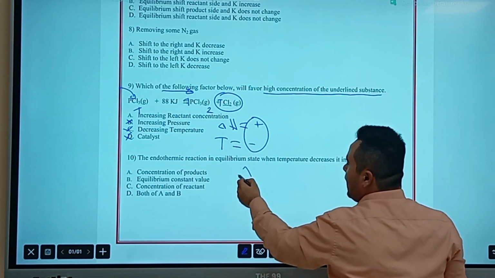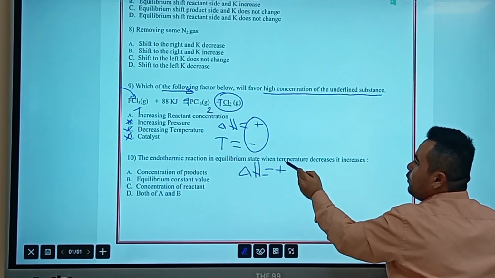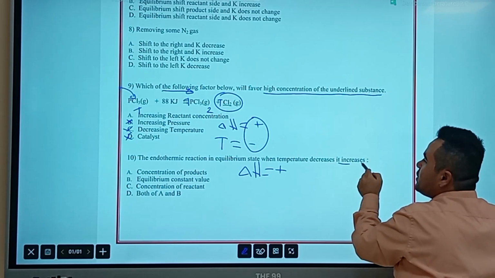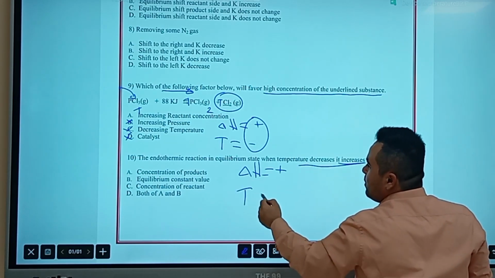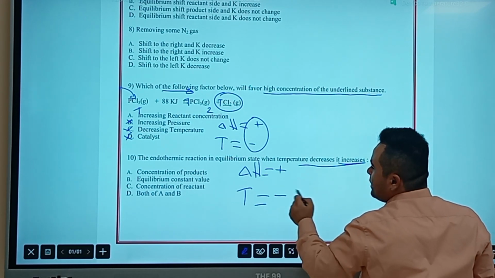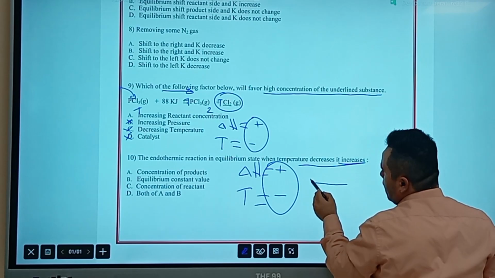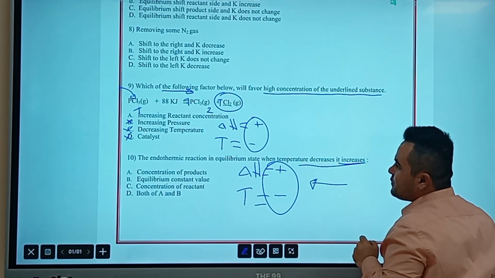The endothermic reaction, which is positive, in equilibrium state, when temperature decreases, it increases what? Temperature decrease means negative. These are two opposite signs, so reverse is favored.